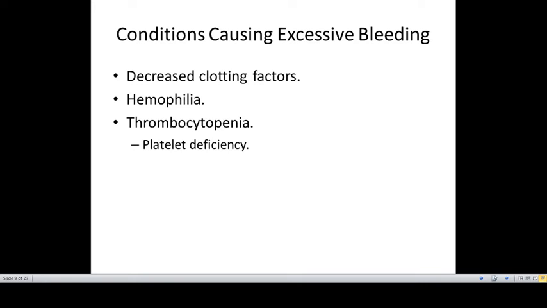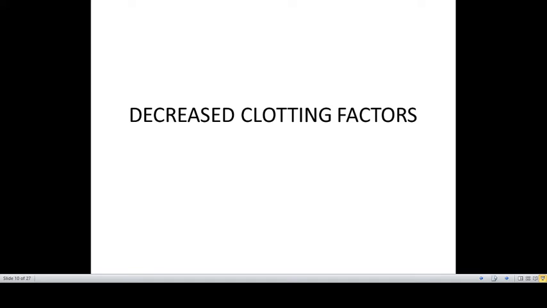Conditions causing excessive bleeding include decreased clotting factors, hemophilia, thrombocytopenia, that is platelet deficiency. Let's first study the conditions that involve decreased clotting factors.